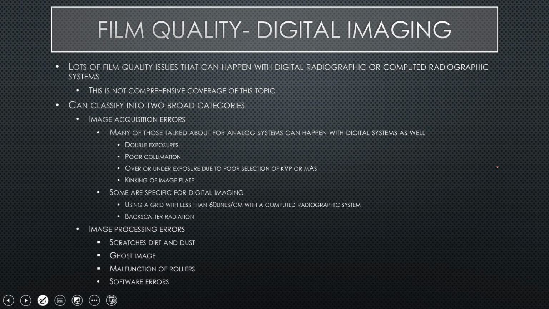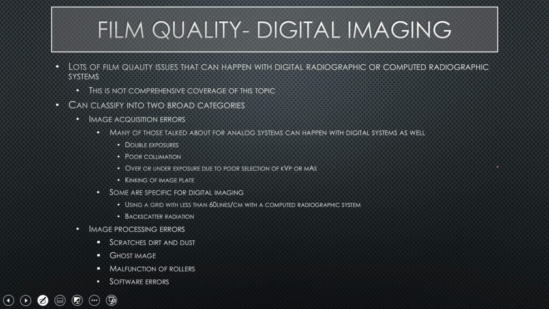Alrighty. Next, we're going to talk a little more about digital imaging. There could be a lot of other film quality issues that can happen if we're looking at a digital system or a computer system.